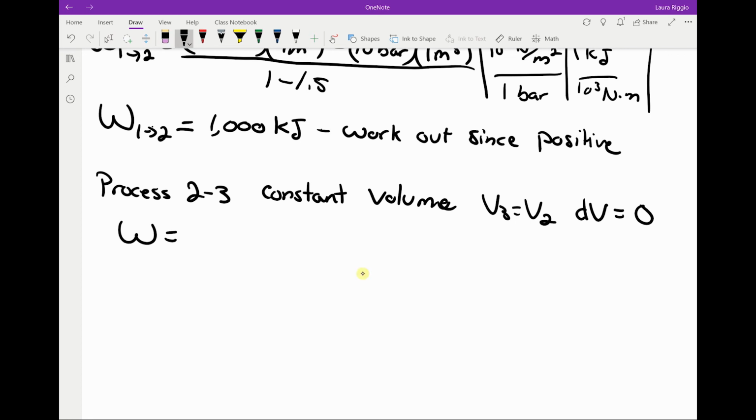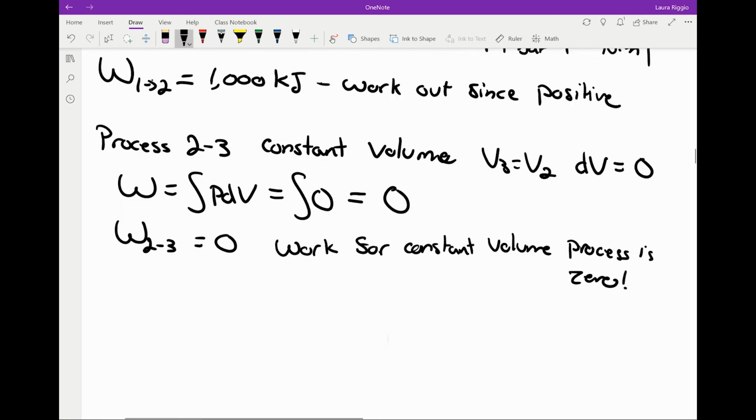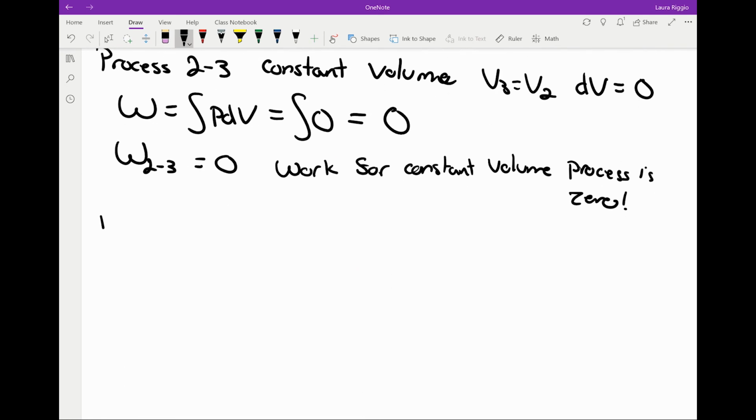Our work is equal to the integral of PdV, which is equal to the integral of 0, which is equal to 0. So the work from 2 to 3 is equal to 0. So the work for a constant volume process is 0.